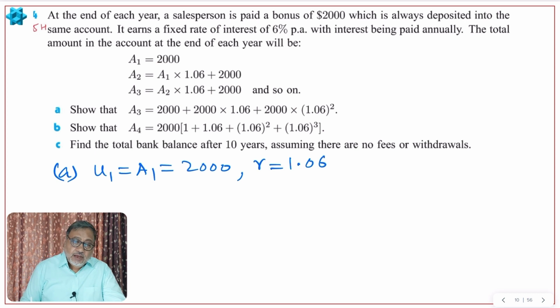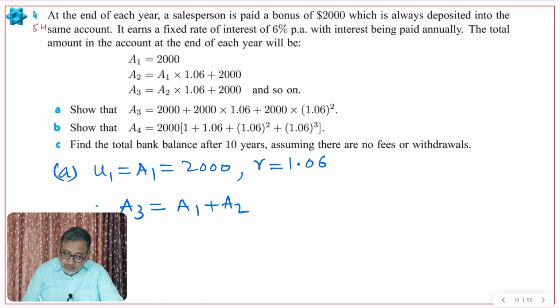Now we have to show that this whole thing is A3, which means the sum of the first 3 terms, A1 plus A2 plus A3. Let me write it this way directly. See, A3 will be what they have given to us.